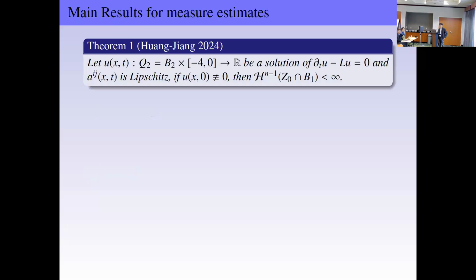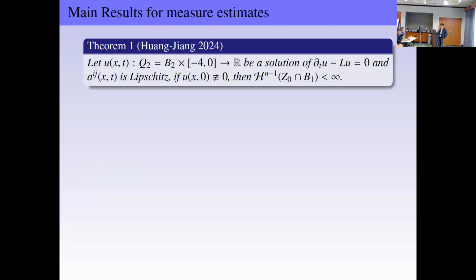Actually, our main result is that we can answer this question. This is joint work with Yizhi Huang from MIT. He's also here. He is now a PhD student of Toby Colding. We can prove that, assume u is a solution of the parabolic equation, and assume a_ij is elliptic with respect to the parabolic distance.